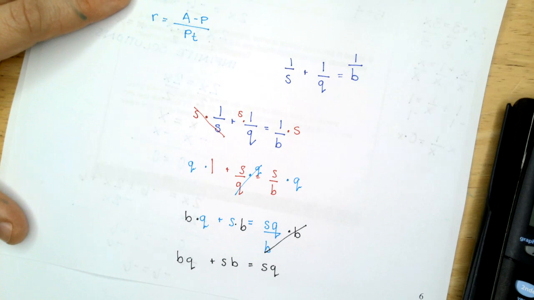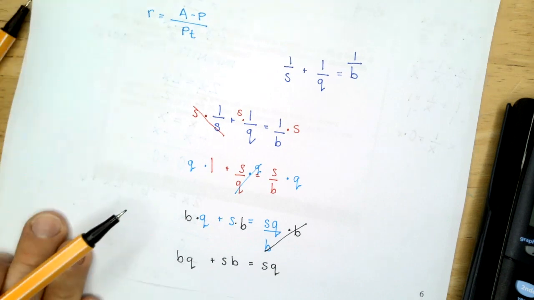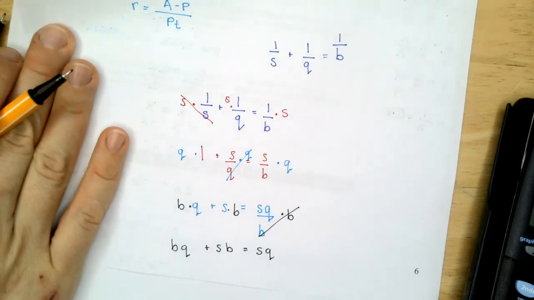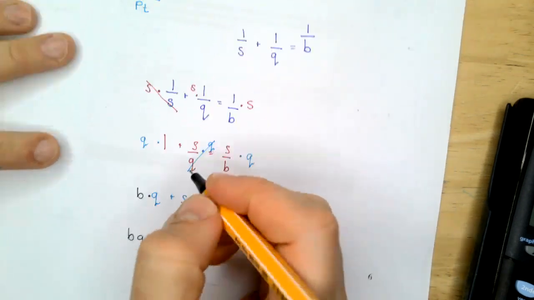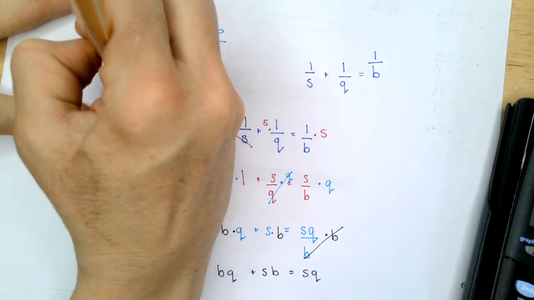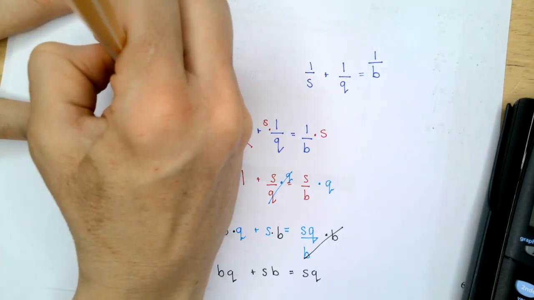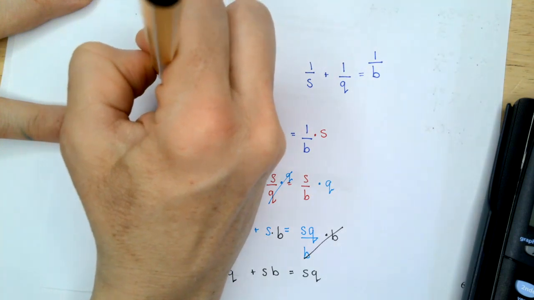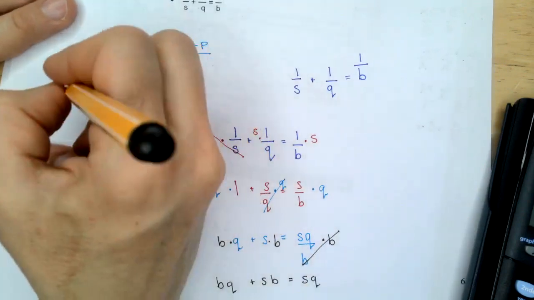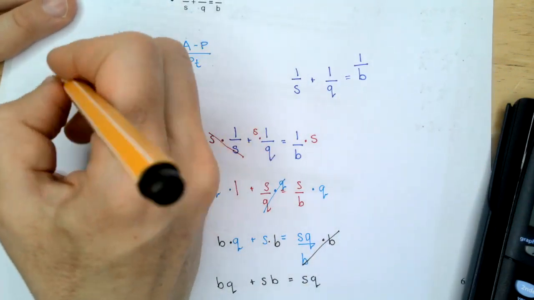Good. And then if they ask you to solve for one of them. All right, so now, for example, if you needed to solve b times q plus s times b equals sq for b, these two you can factor out of b, right?